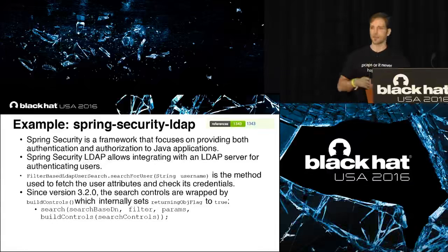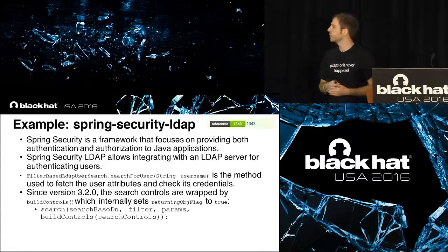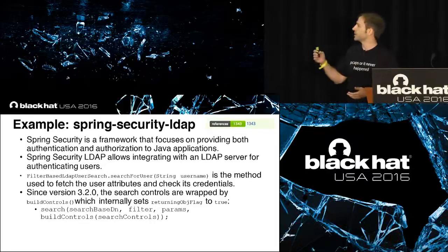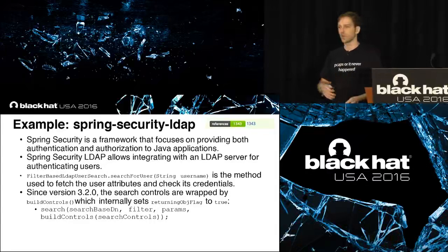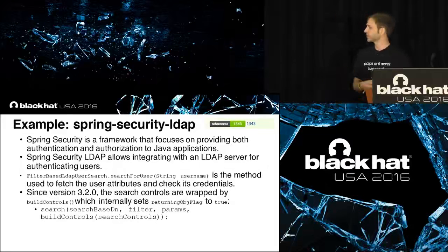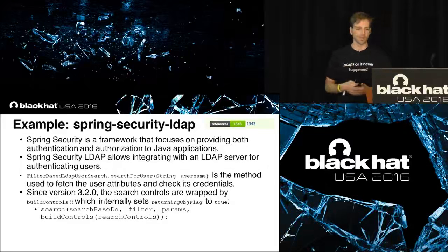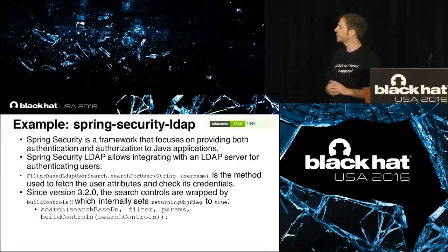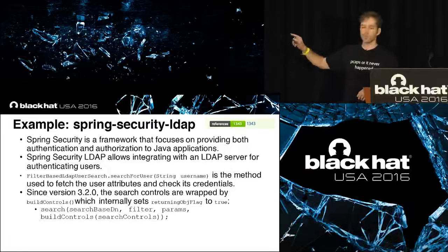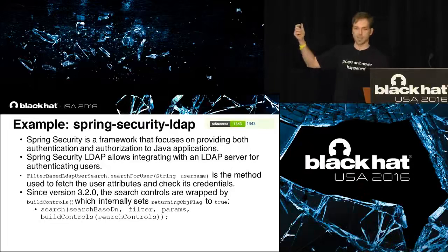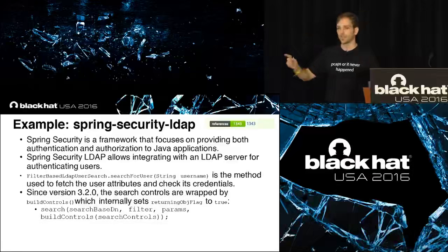Spring Security is a very popular project. Probably all of you know Spring Security. It's used to provide authentication and authorization to Java applications and more things like security headers and other security controls. And it contains the Spring Security LDAP module that is referenced by more than 1,300 artifacts in Maven Central, so it's really popular, and it performs search authentication.